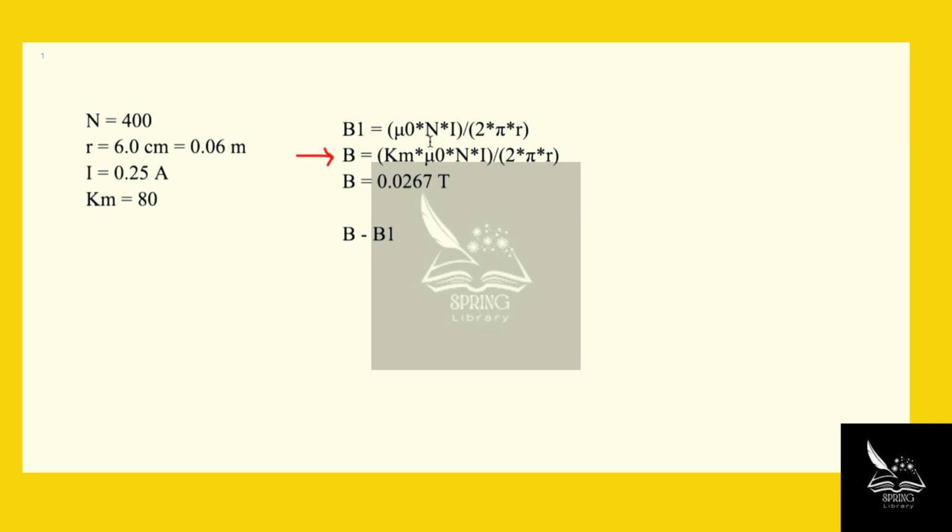And since all of these constants are the same, we can just write that B is equal to Km times B1. So we're just trying to take Km times B1 minus B1, and that's going to be Km minus 1 times B1, just factoring out this factor of B1.